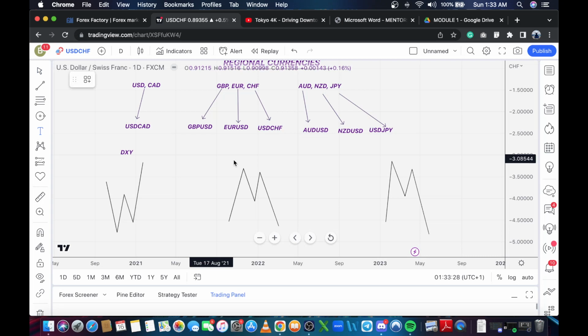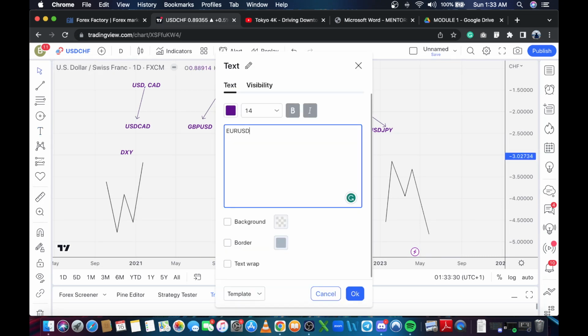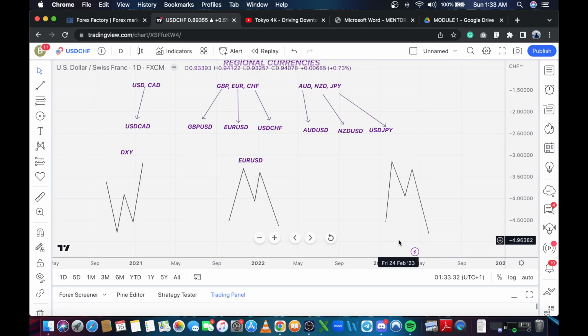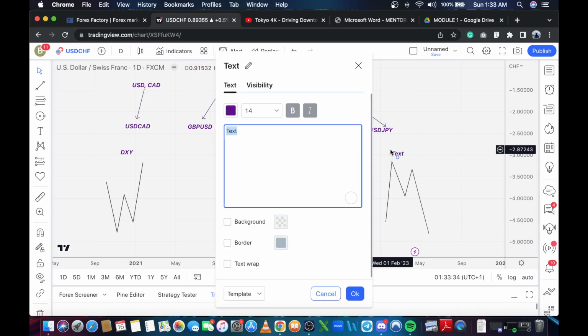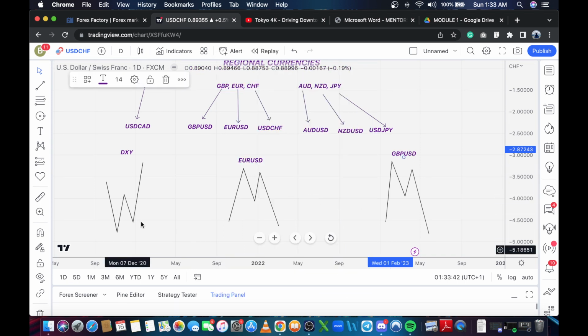So this is going to be your US dollar, and this is going to be your euro dollar. Okay, so this is classic price correlation. All right, so if dollar is making lower lows, then we want to see euro dollar make lower highs, and you want to see cable also make lower highs because you're trading in very close correlation against dollar.